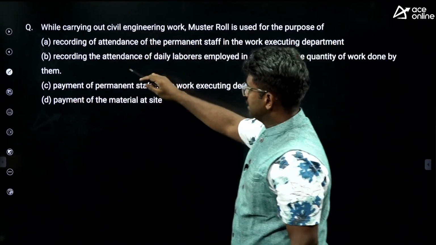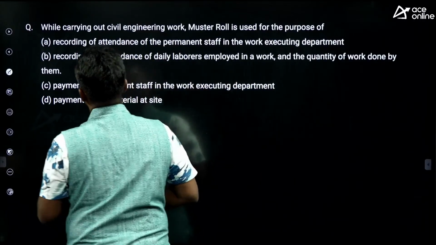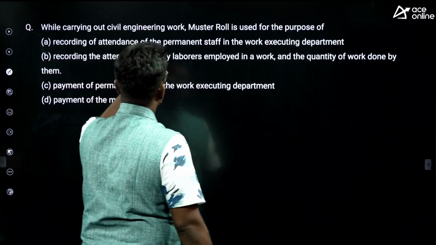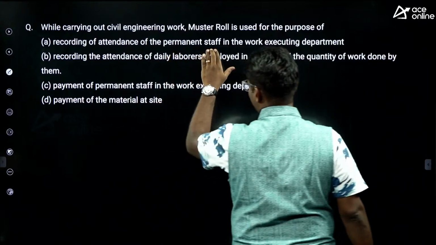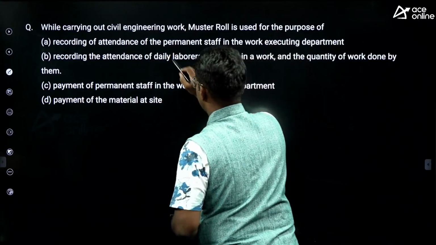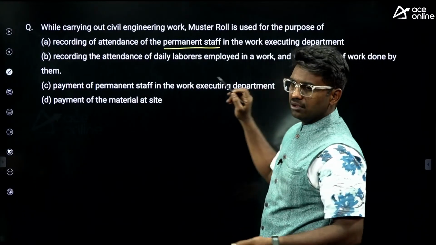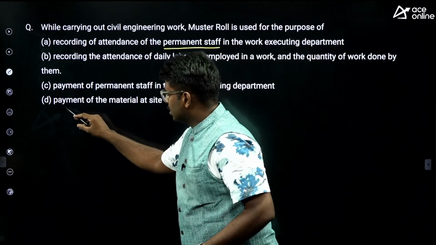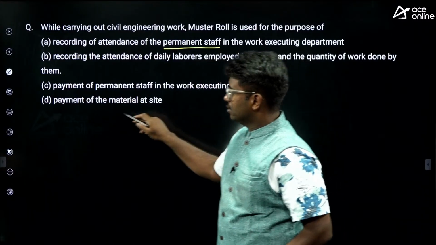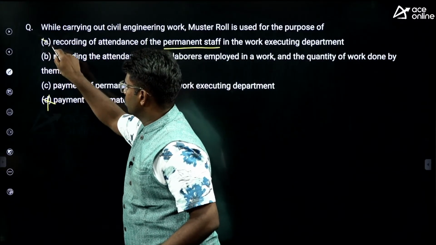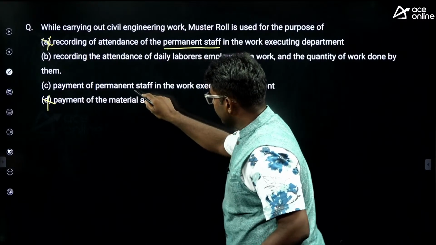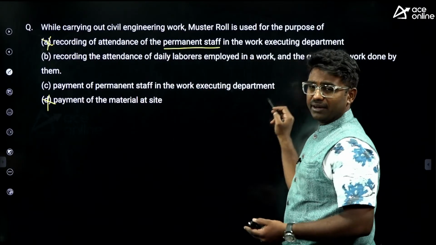Okay. While carrying out civil engineering work, muster roll is used for the purpose of what? Let's see the questions, options. Recording of attendance of permanent staff in the work executing department? No. Let's come to the last. Payment of materials at the site? No. Payment of permanent staff in the work executing department?